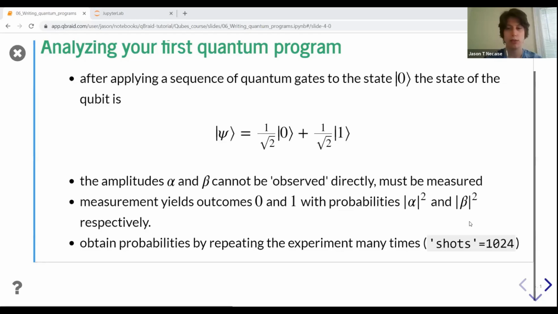The reason that we wanted to run this a bunch was to tease out that information, since with a single execution this is a probabilistic outcome each time I measure it. So run it a bunch of times, and then I can get a picture of what was happening at that point in my circuit. And then I can be reasonably confident that the amplitude squared of the superposition coefficients were roughly 50-50.